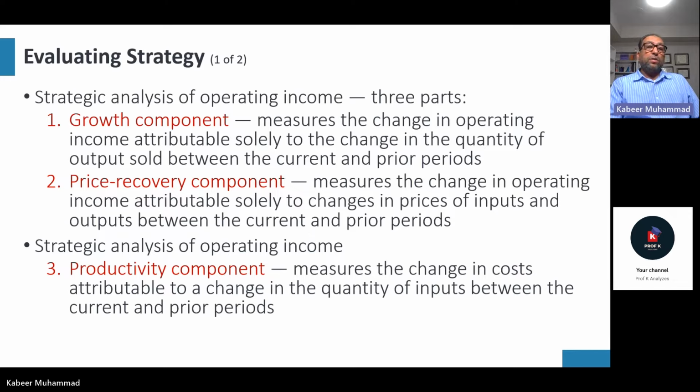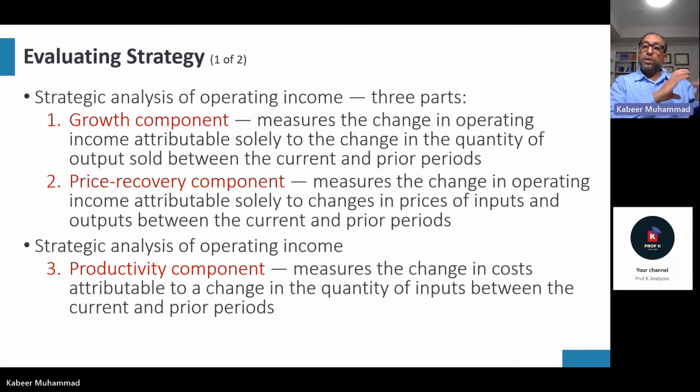And the third way of strategic analysis of operating income is what we call the productivity component. In the first part of the chapter, we emphasized the balanced scorecard, like learning and growth and improvement in our internal processes.